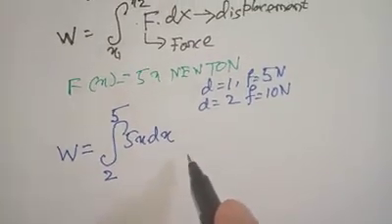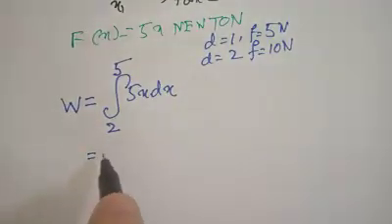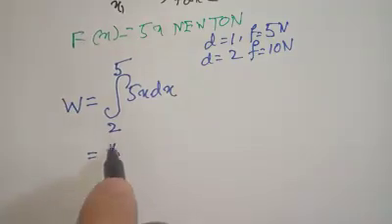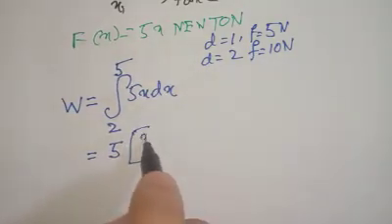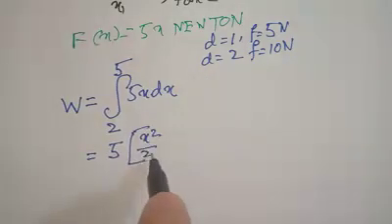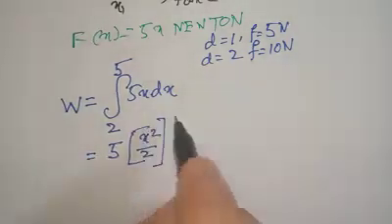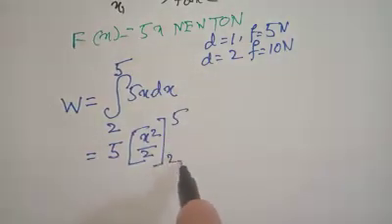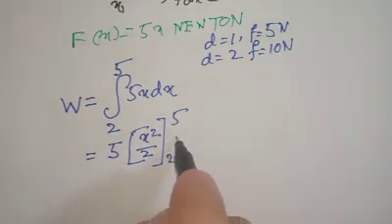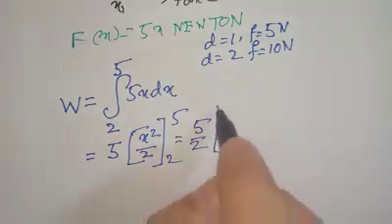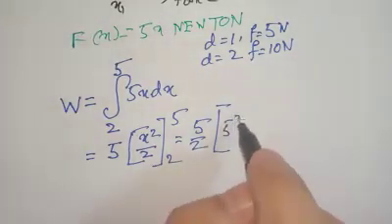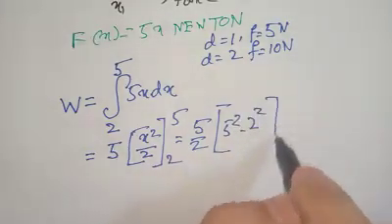If we solve this integration, 5 will come outside, and x goes on the top, so x squared by 2. I take the upper limit 5 and lower limit 2. This leads to 5 by 2 times 5 squared minus 2 squared.